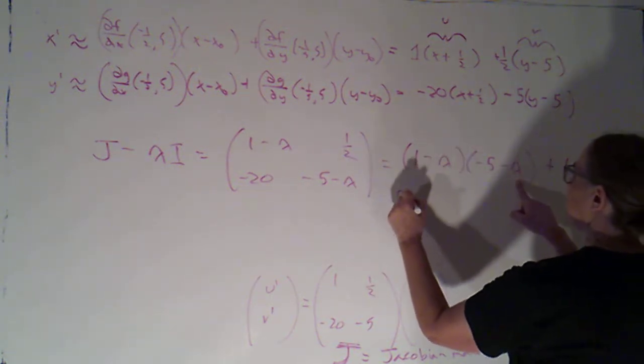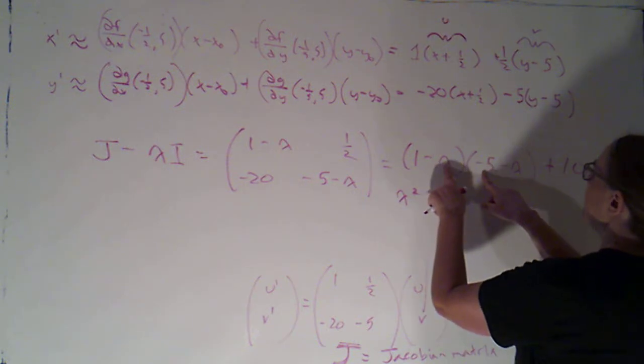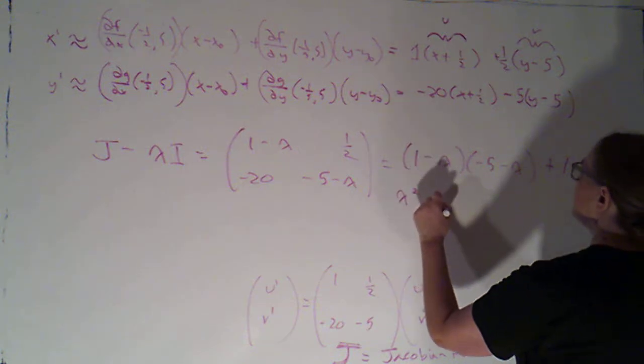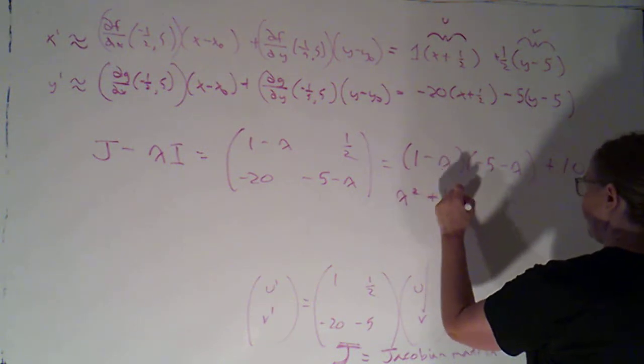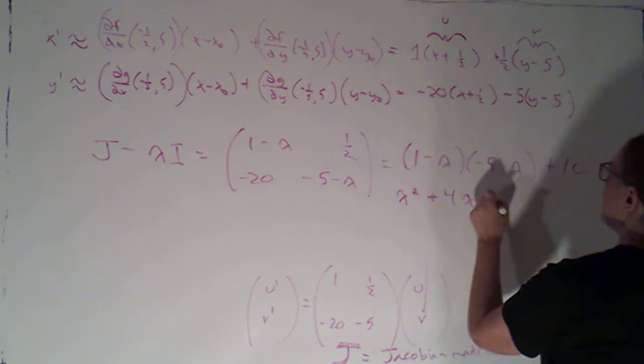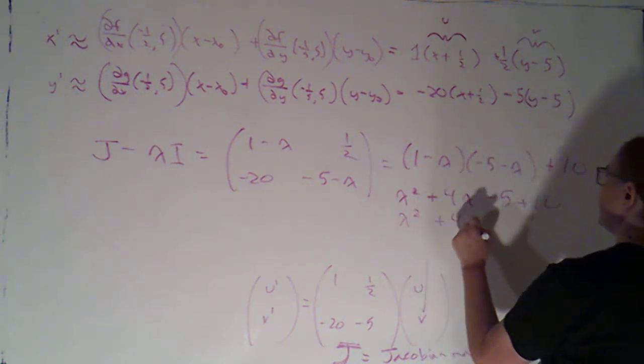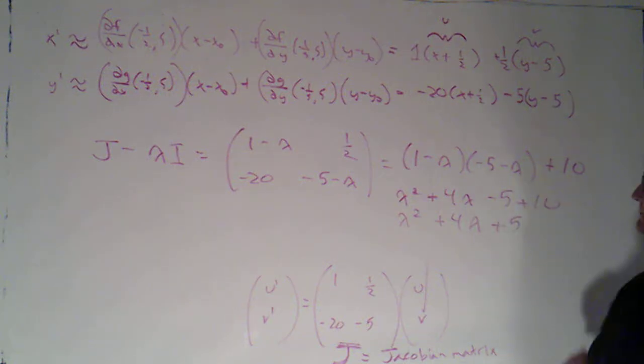So let's see, that's lambda squared, plus 5 lambda minus lambda, so plus 4 lambda, minus 5 plus 10. So that's lambda squared plus 4 lambda plus 5.